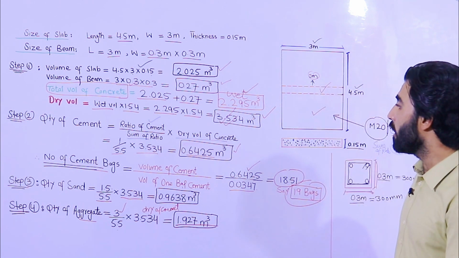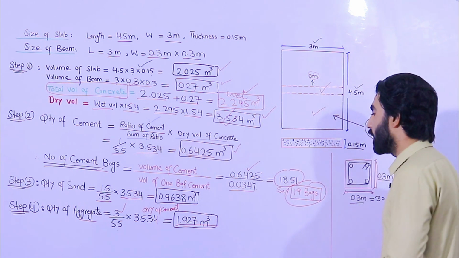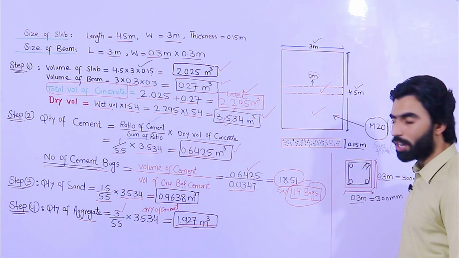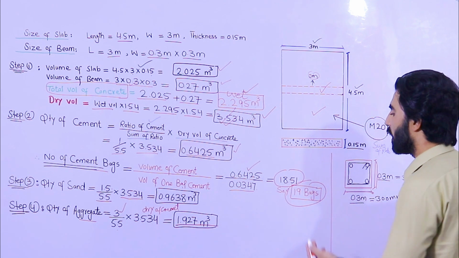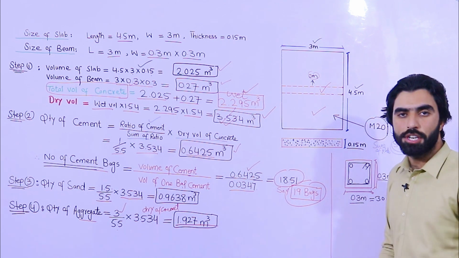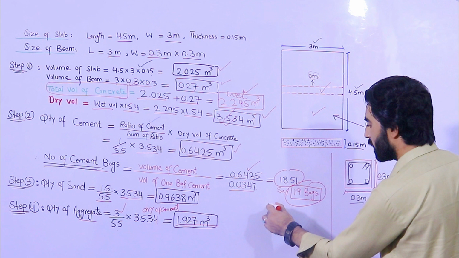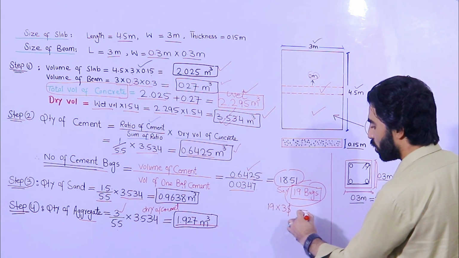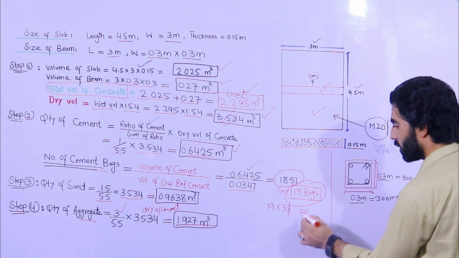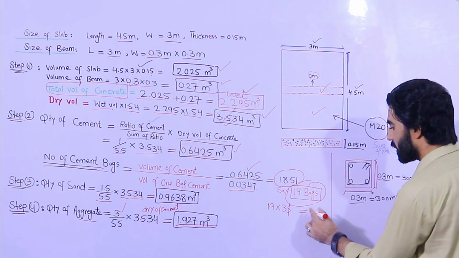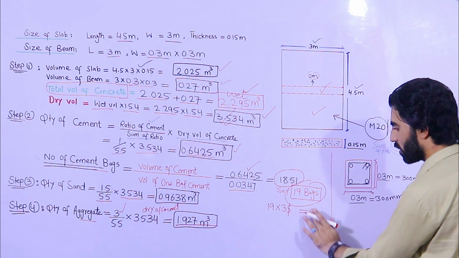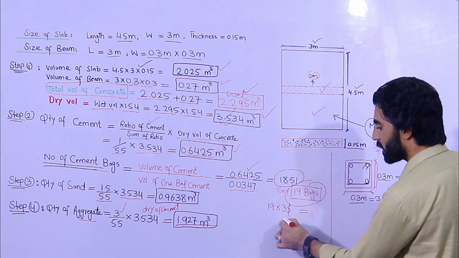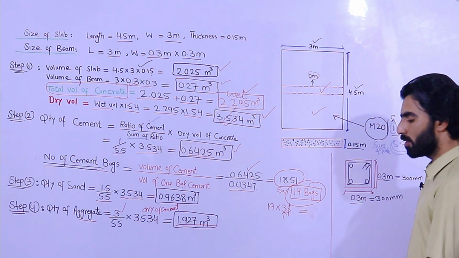Now for example, if the price of a cement bag is 700 rupees, or for example its price is $3, then 19 multiplied by $3 gives $57.